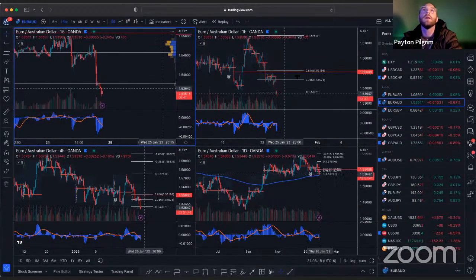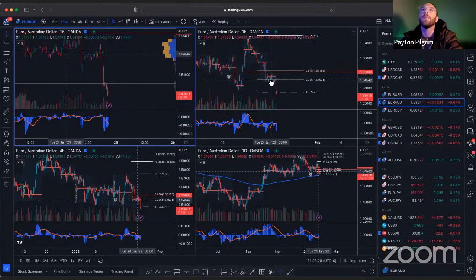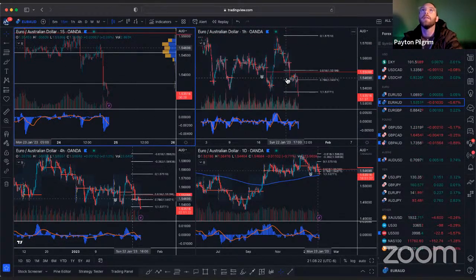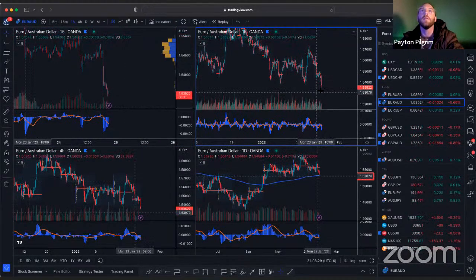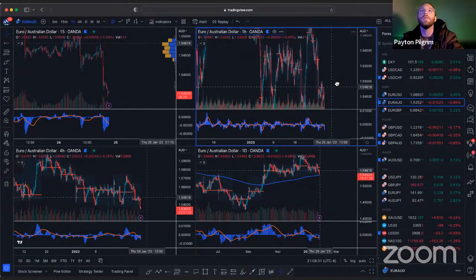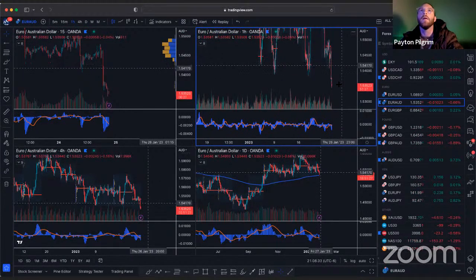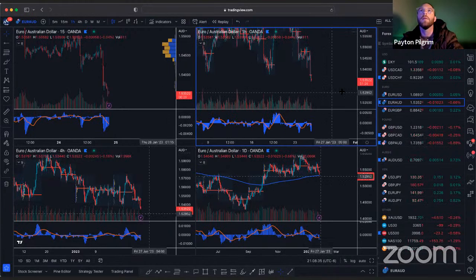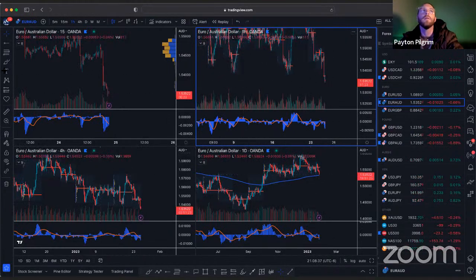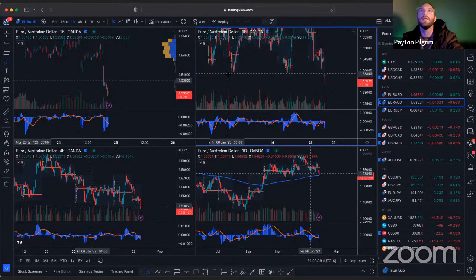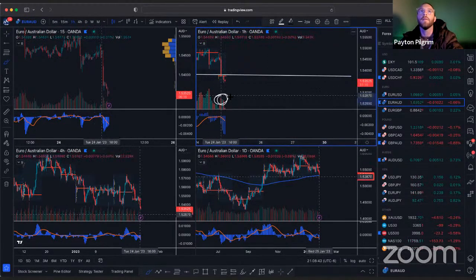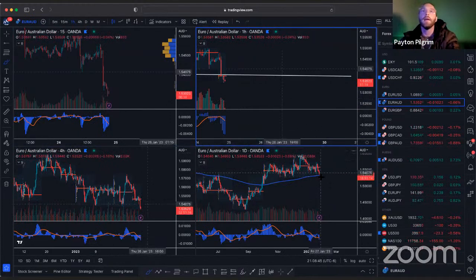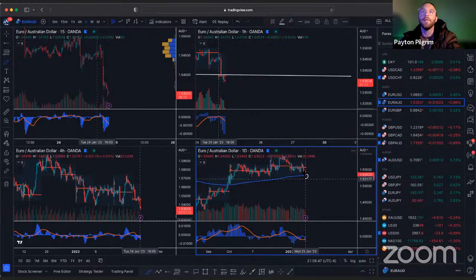EA. I was looking for this to reject off the 78.6 and move bullish, and it has not quite yet. But this is very interesting because this is also breaking the lows on this 1 hour, breaking these lows, and the volume is just not really there. And it's coming into this daily 50 EMA.